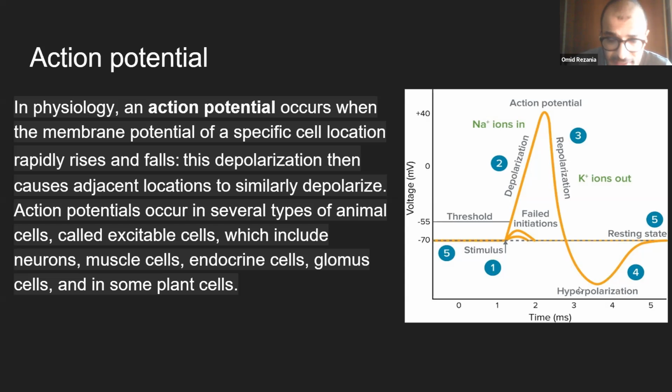The first thing happening is that the ion channels open their gates to let the positive sodium ions flux inside the intracellular space. Then it peaks at a value of plus 40 millivolts. Then at the top, the potassium channels open their gates to let the potassium ions go outside. In that case, the voltage between the outside of the cell and inside of the cell drops all the way below minus 70 millivolts.